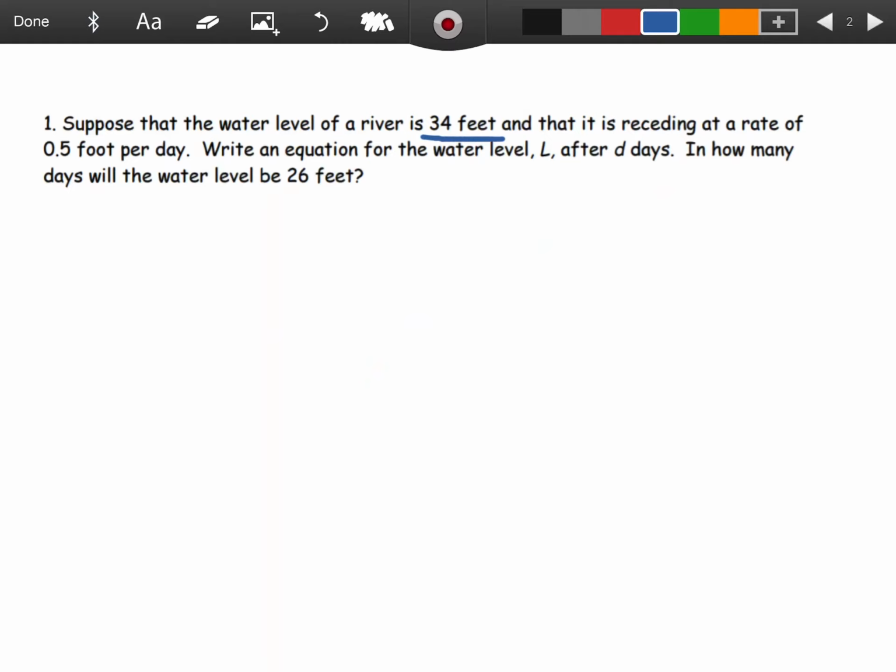One really important thing to note is that slope is always going to be a rate of change. Slope represents some sort of rate of change. In this case, it tells us that it's receding at a rate of 0.5 feet per day. Receding means it's going down, so our slope is negative 0.5. Then it tells us that the water level of the river right now is 34 feet.